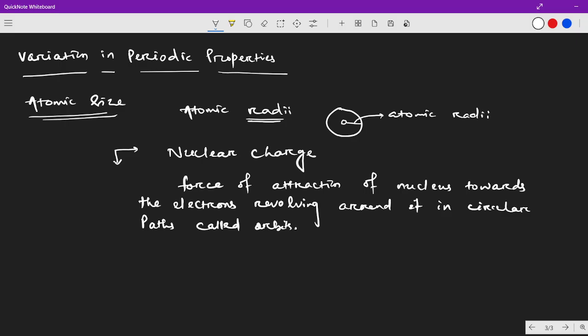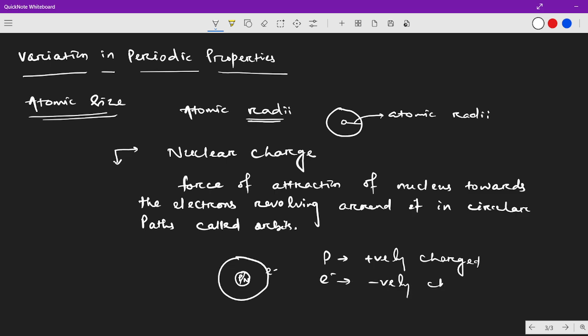So the force of attraction of the nucleus towards the electrons. Why will this force of attraction exist? Suppose this is the nucleus. Inside the nucleus proton is there and neutron is there, and suppose an electron is there. Proton is positively charged and electron is negatively charged.